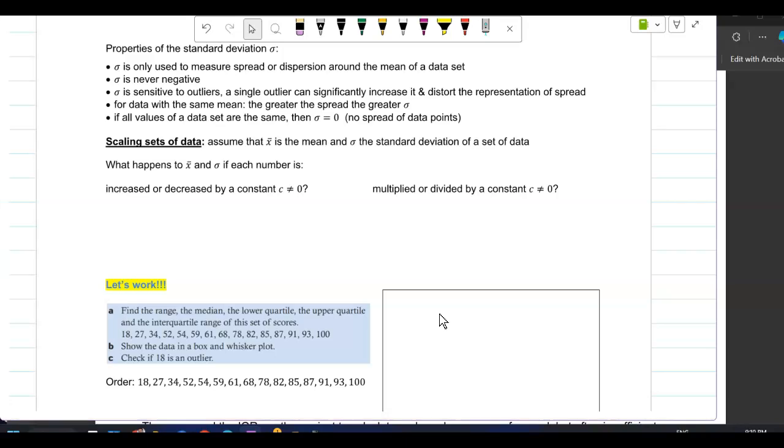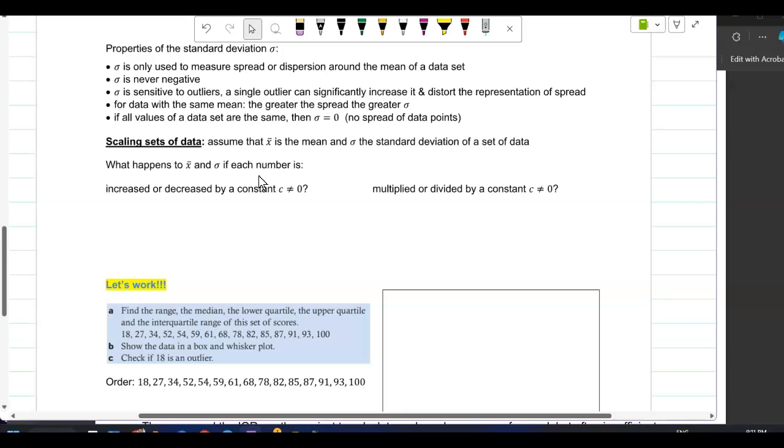Assume that x bar is the mean and sigma is the standard deviation of a data set. What happens to x bar and sigma if each number is increased or decreased by a constant?